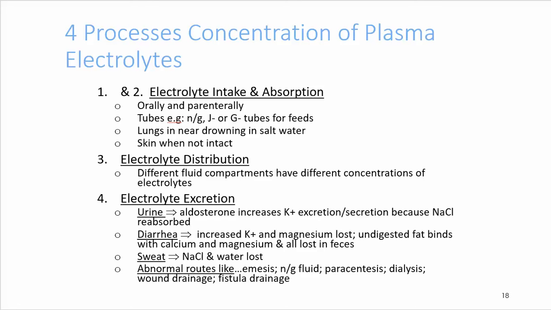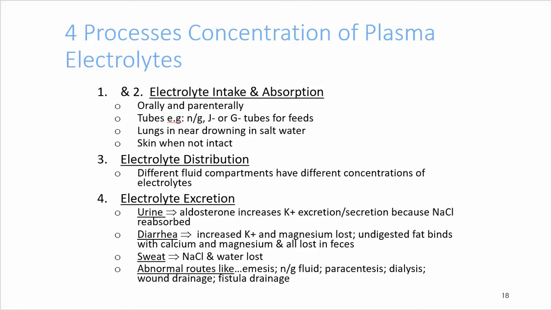So as we saw in anatomy, electrolytes are distributed in the different compartments. They have different concentrations of it. For instance, sodium is found extracellular and potassium is found primarily intracellular, etc. So have a look at that stuff. We get rid of electrolytes through urine. Sodium, potassium, we excrete potassium into the urine if there's too much. The sodium potassium pump and aldosterone deal with that.